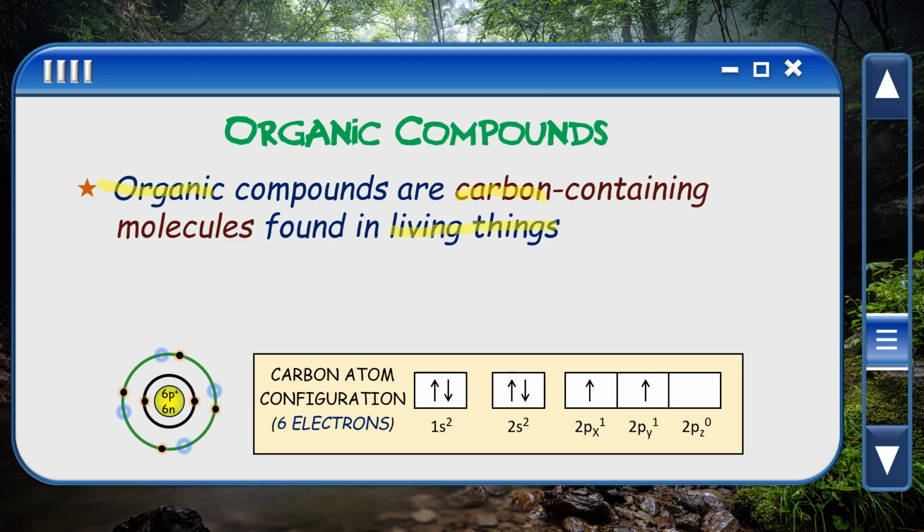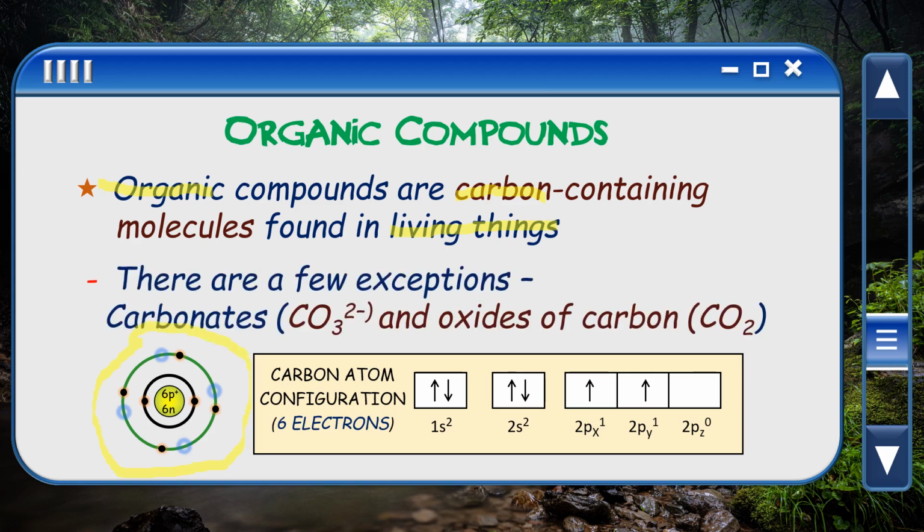Now, living things are made up of carbon compounds. Carbon compounds are compounds that contain carbon as a backbone. Now, there are few exceptions. Those few exceptions are carbonates and the oxides of carbon.